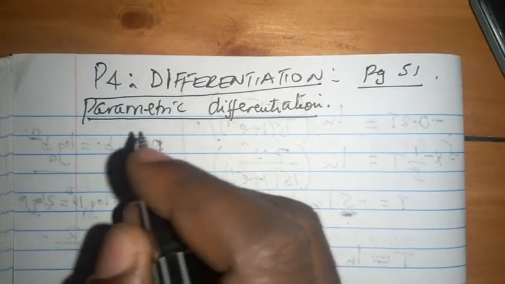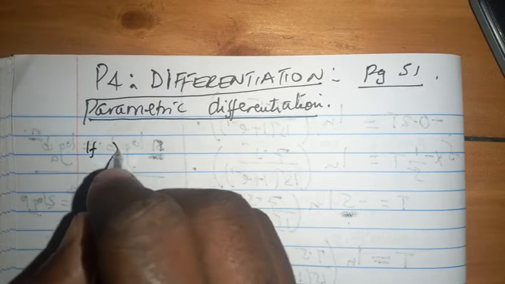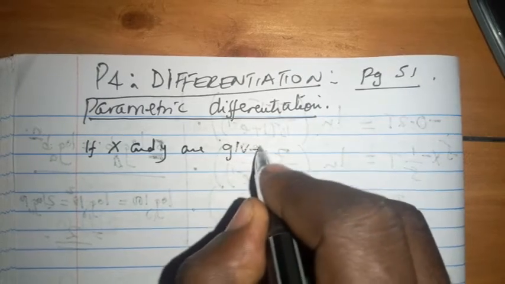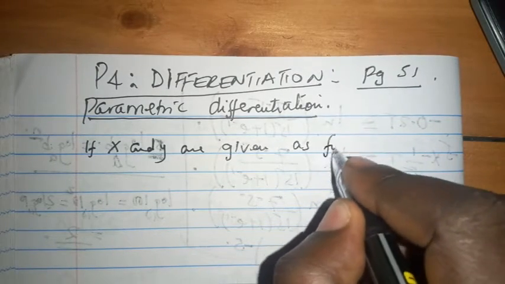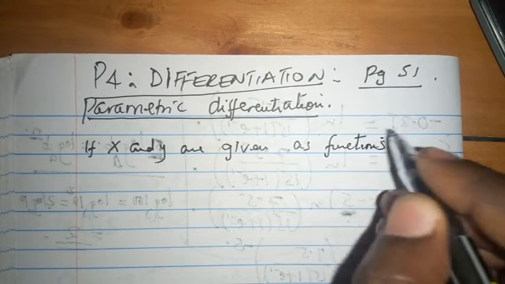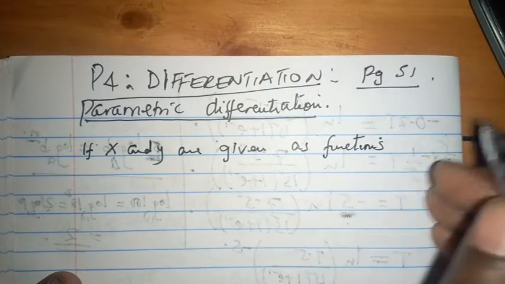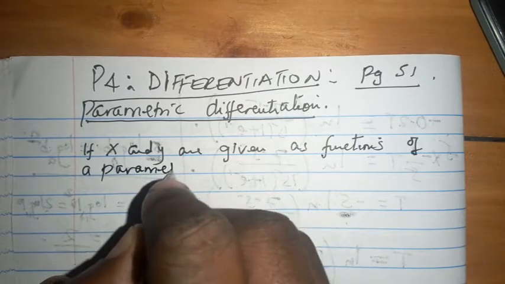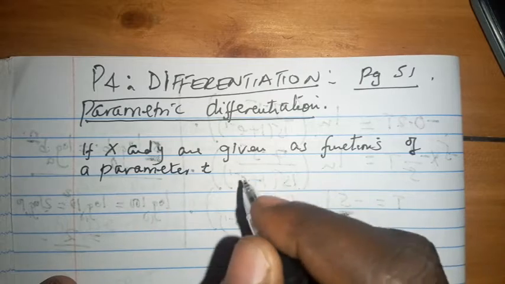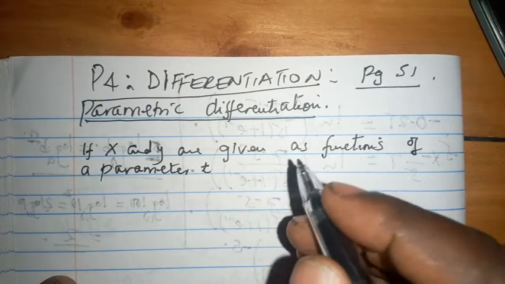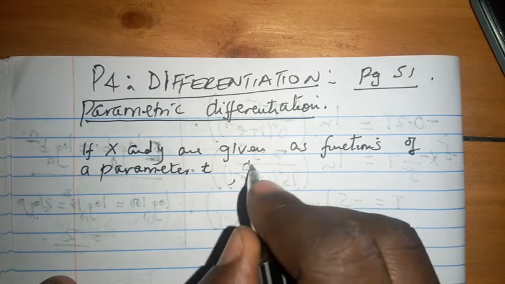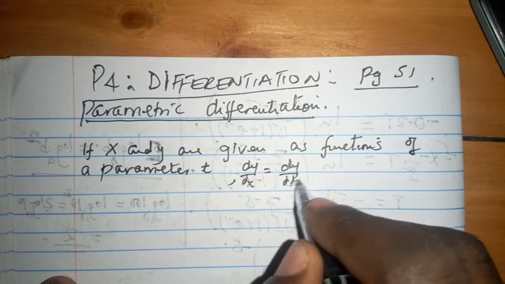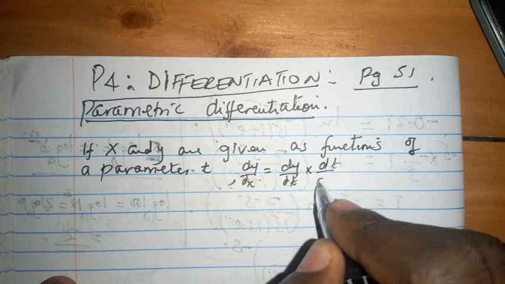And of course, if x and y are given as functions of a parameter t, then we know by the chain rule dy/dx is given by dy/dt multiplied by dt/dx.